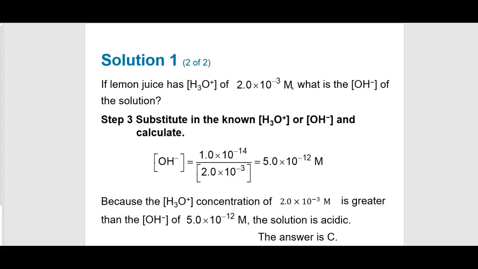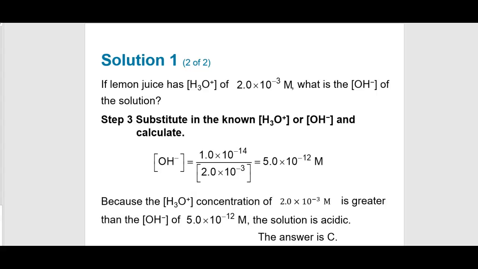So you see that for lemon juice the concentration of hydroxide is 10 to the minus 12th, and I overlooked that they asked, is this acidic or is it basic? Well, 10 to the minus 3 is larger than 10 to the minus 7th.